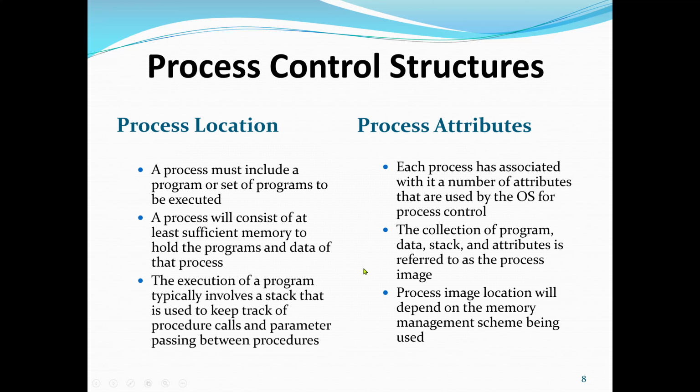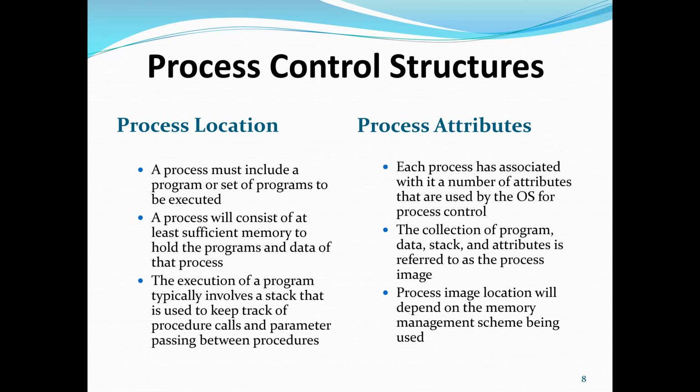So associated with these programs is a set of data locations for local and also global variables and any defined constants. Thus, a process will consist of at least sufficient memory to hold the programs and the data of that process.